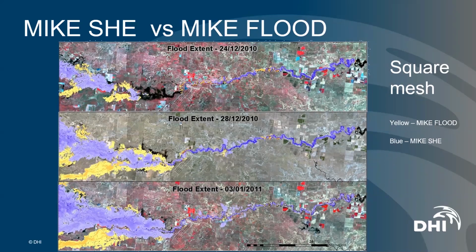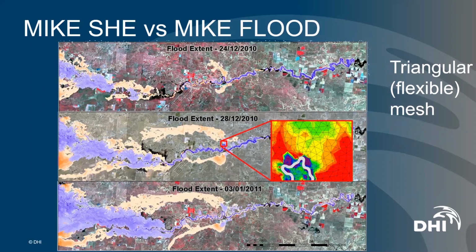Even more interesting, if we then use the triangular mesh to make very detailed modeling close to the river system, contrary to our expectations, we found that this actually gave much more different flooding patterns. The explanation is that if we look in detail at what's happening around the banks and the river system, and have any uncertainties or errors in our water levels or in the topography, then in this very flat terrain they can make a huge difference to the flooding pattern.